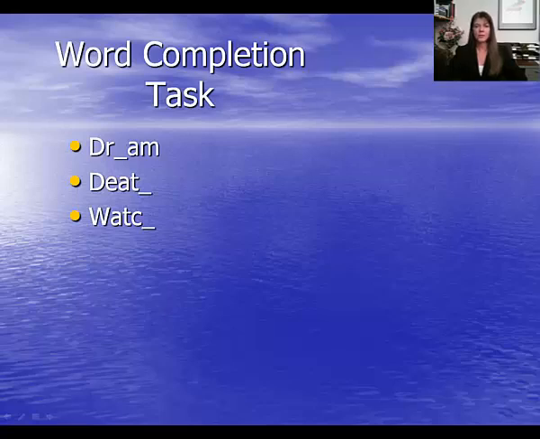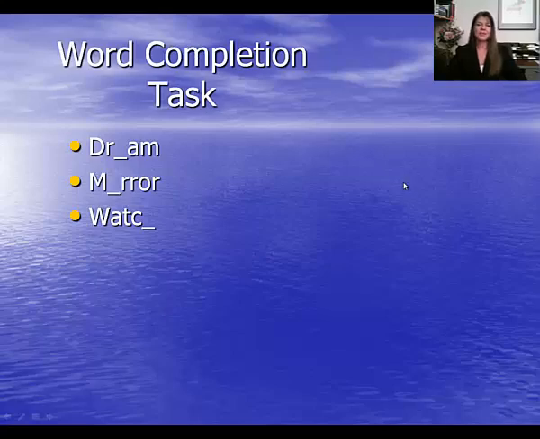The second group also got the same word completion task, and by the way, it was much longer than this. Death was in the middle, which makes it even more impressive that it would have an effect, right? And same with the other group. Theirs was also very long, and it was identical except for that middle word. This time with this group was something you look into, and hopefully you answered that with mirror.